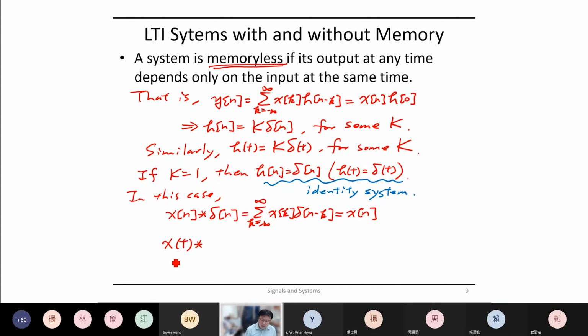If you take a continuous time signal and pass it through a system with impulse response delta(t), you get the integral of x(tau) delta(t minus tau), which is x(t). So the output is equal to the input.